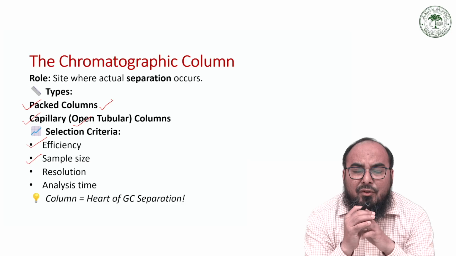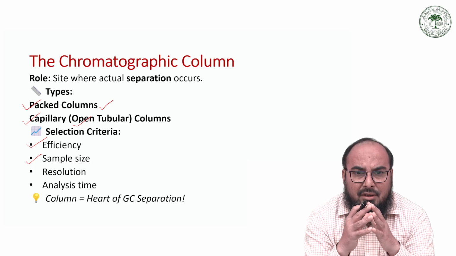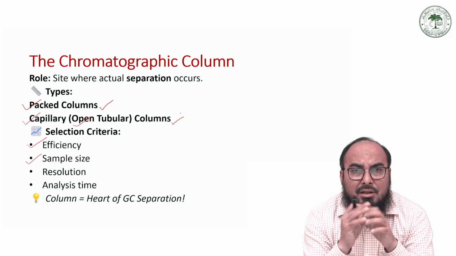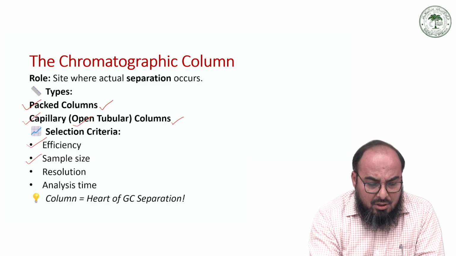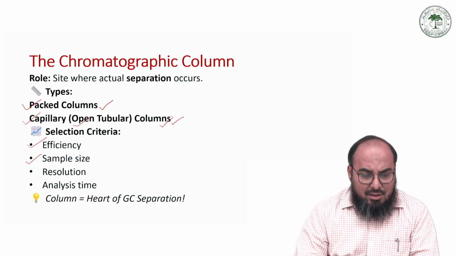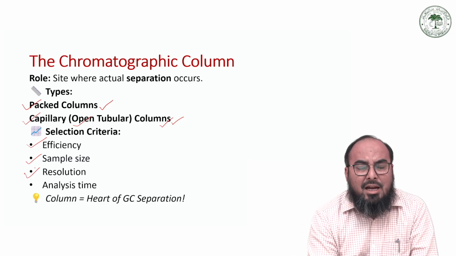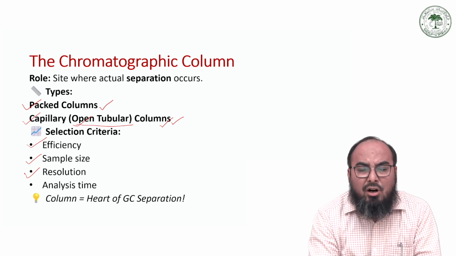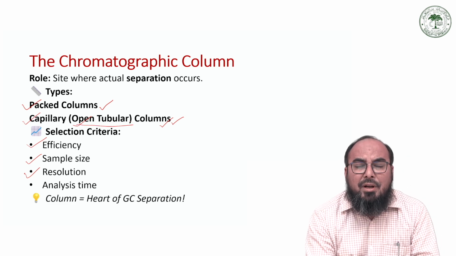But if our sample is very small, then we can go for the capillary as well as the packed column. Similarly, the resolution in the capillary column is the highest, and the analysis time is the least in the capillary or open tubular column.